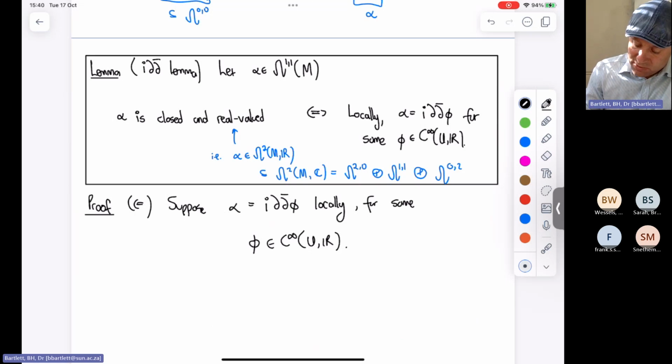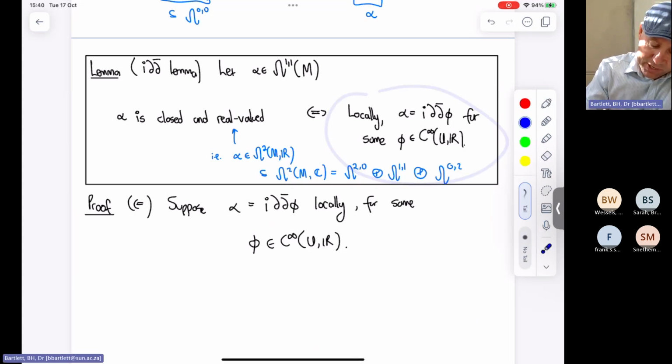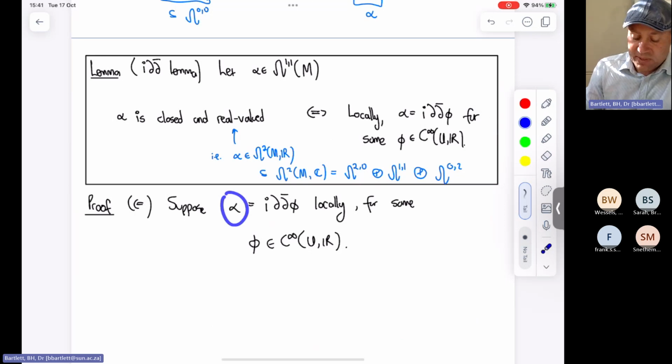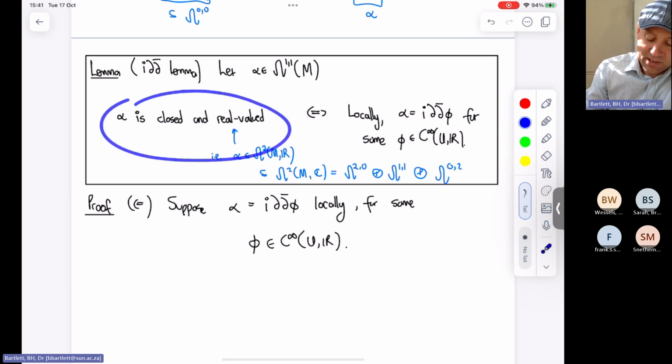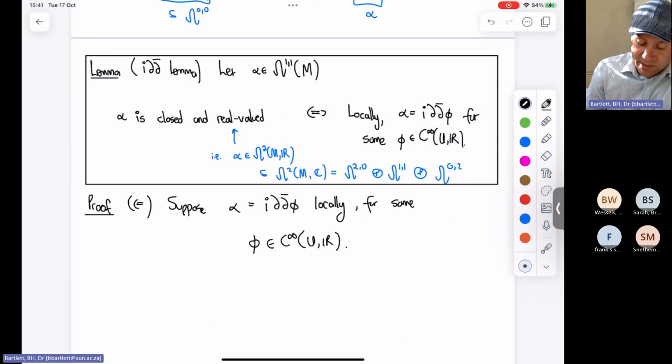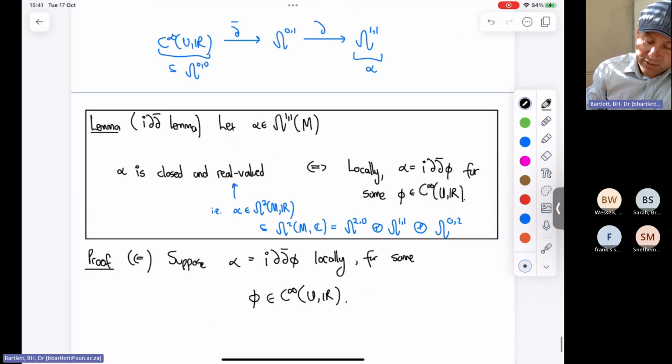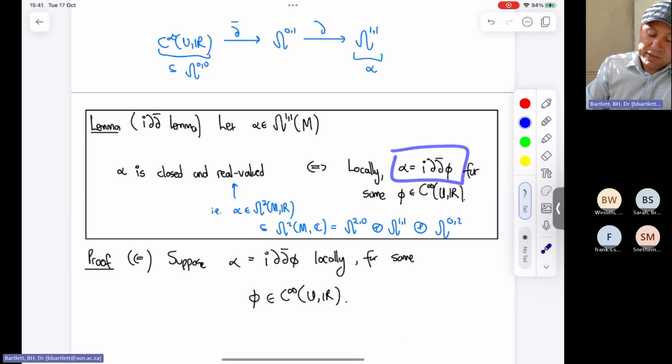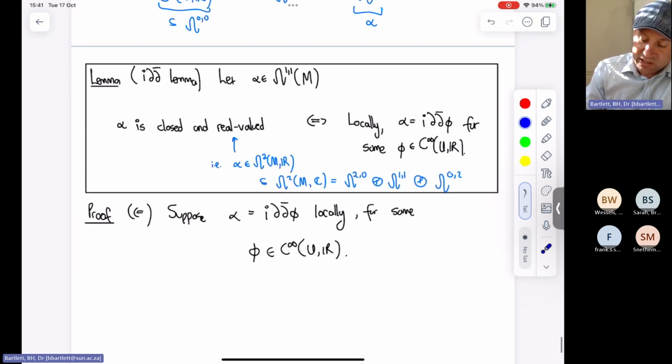Okay, so I'm assuming this right-hand side, and I want to prove that as a consequence, this alpha is going to be closed and real valued. So let's check that. I calculate del bar, then I calculate del, I multiply it by i, and I want to check that this resultant thing is going to be closed and real valued. So let's first check that it's closed.